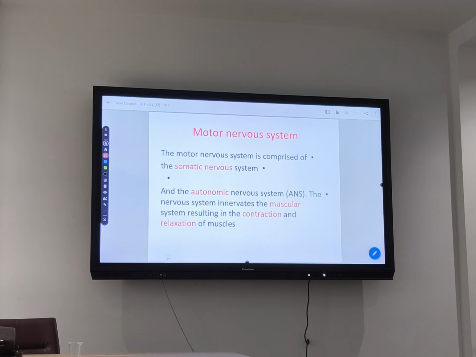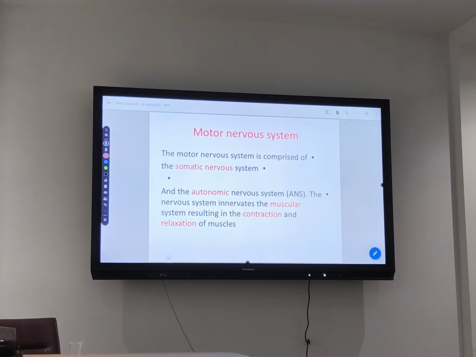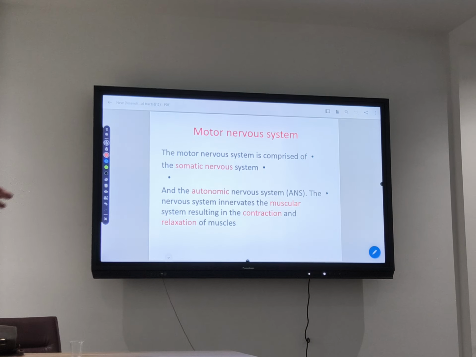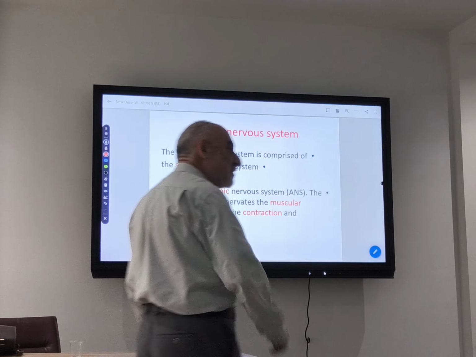Please respect your patient. It's very, very important, very serious when you have a patient. If you know the academic material, if you have good science, then you can do it. What can we do for this? Okay? So the autonomic nervous system is very important.